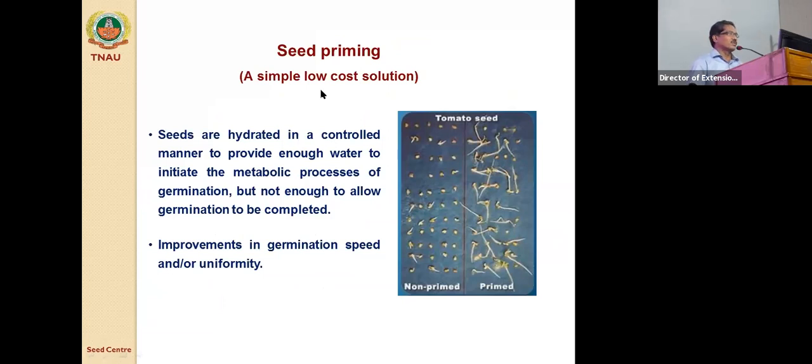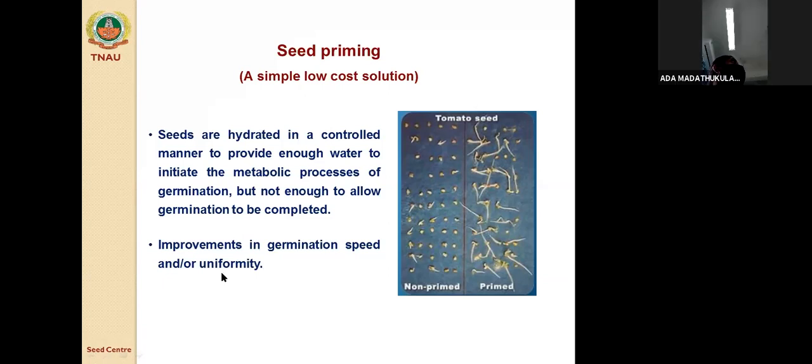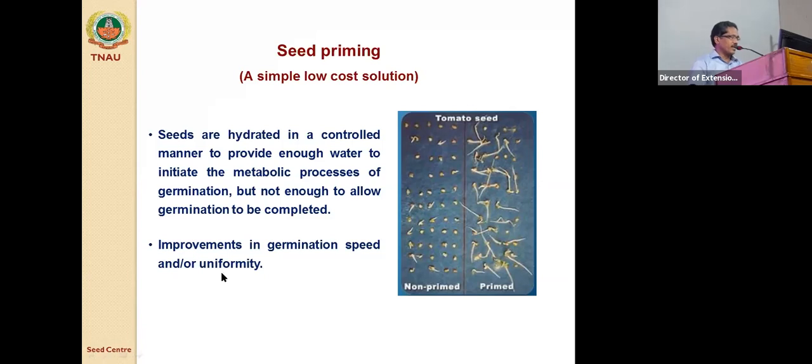But anyhow, I want to talk about seed priming also, because whenever we go for seed pelleting, there are some problems. When you increase the size of the seed by giving multiple layers of seed coating, normally the germination is not directly affected, but the speed of germination or the germination process will be delayed.